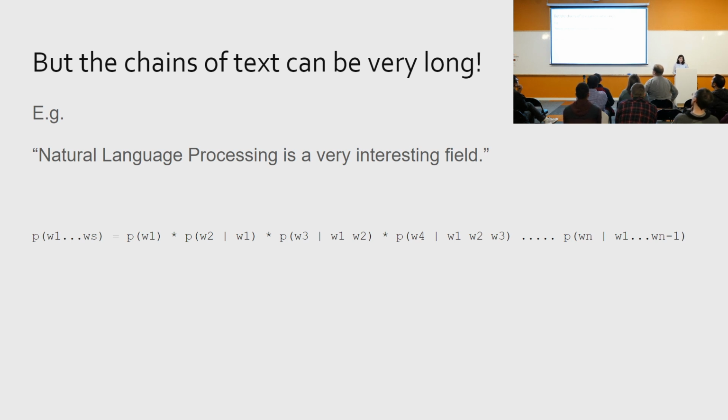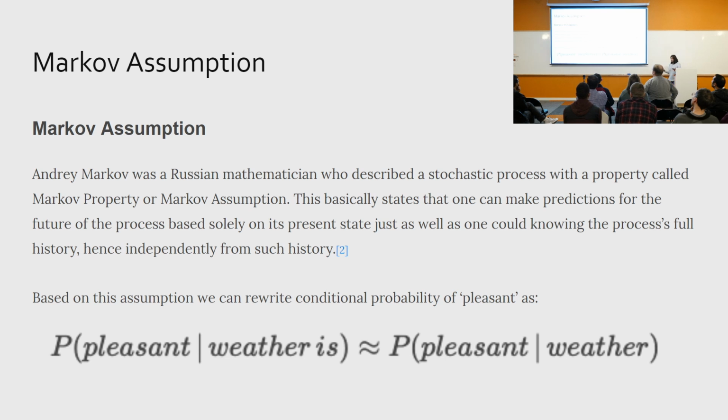Okay, good. So luckily we have something. We can use the Markov assumption. Andrei Markov said that one can make predictions for the future of a process based solely on the present state, just as well as one could knowing the process's full history, hence independently from the history.